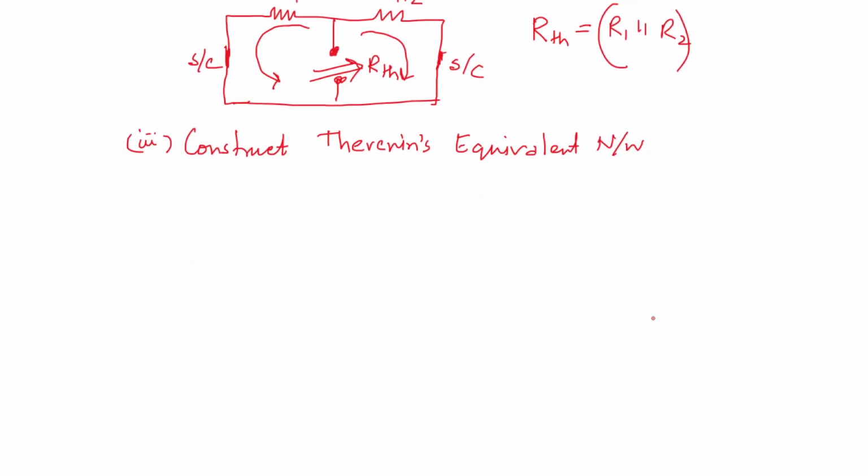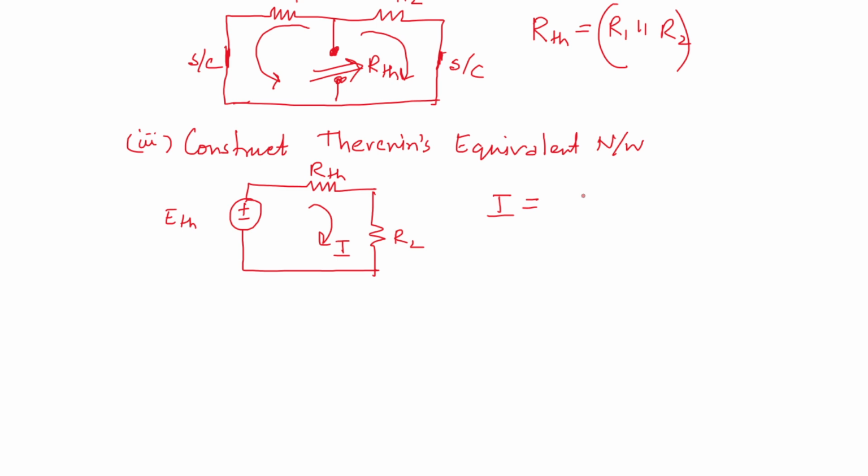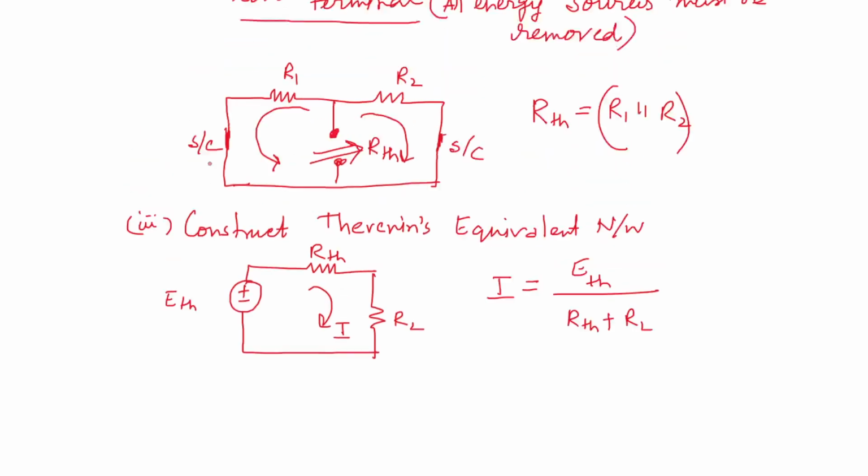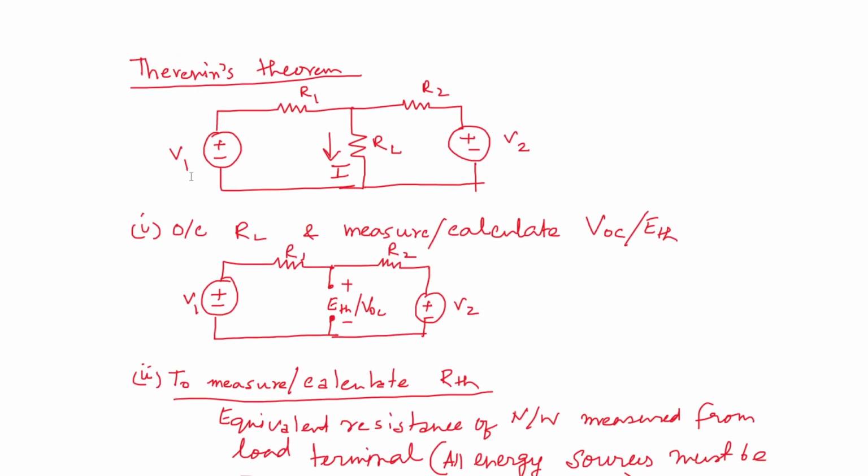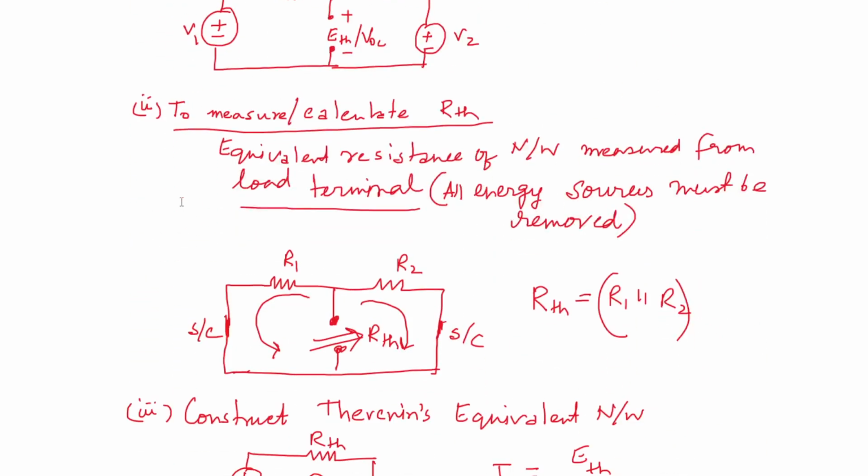The Thevenin equivalent network is the open circuit voltage, which is the Thevenin voltage, in series with RTH, and then we have RL. So from this simple circuit we can evaluate this current I as ETH by RTH plus RL. So these are the three different steps through which problems on Thevenin's theorem can be solved.